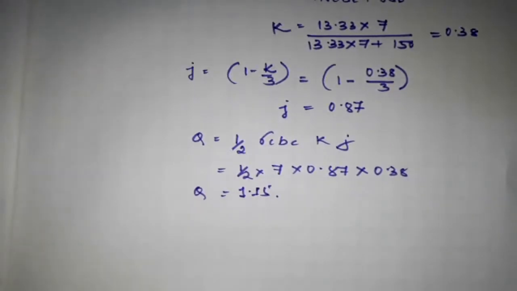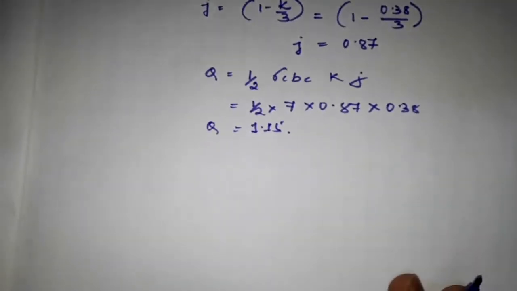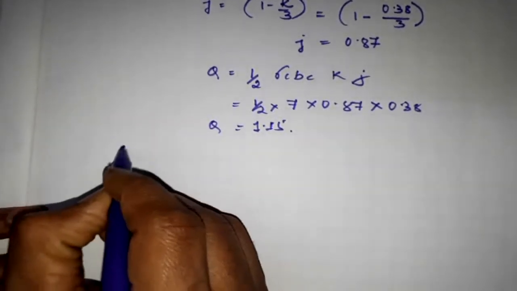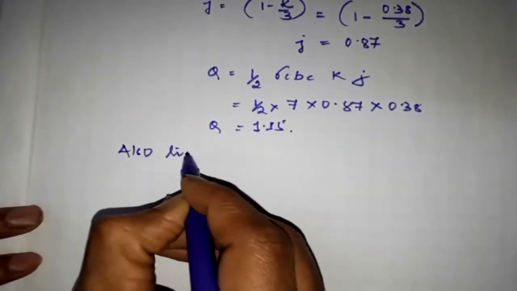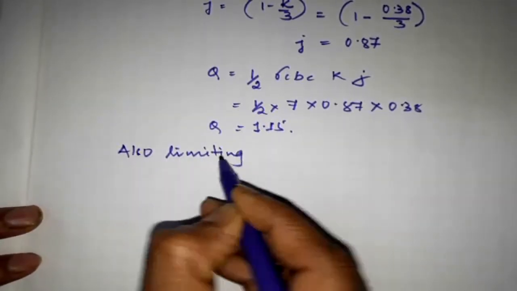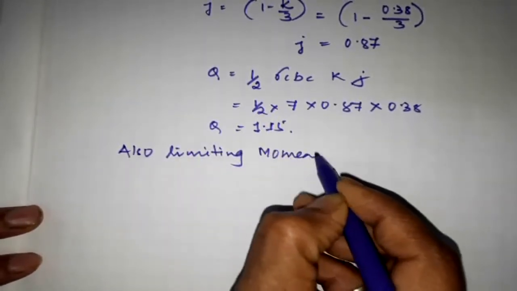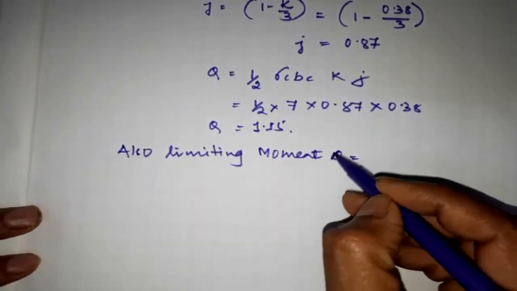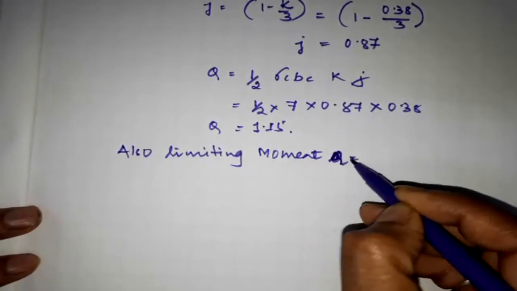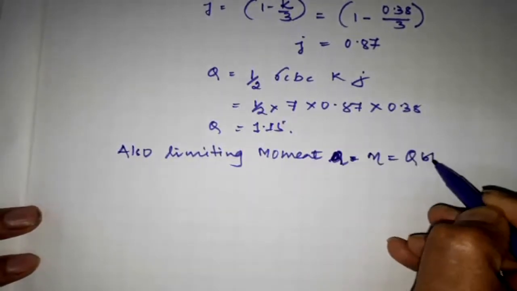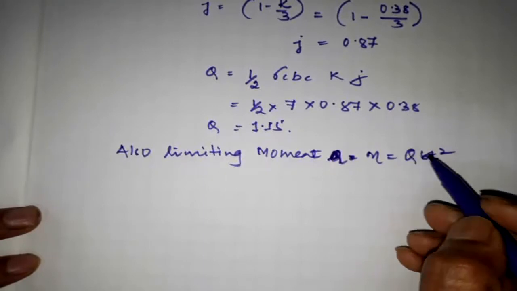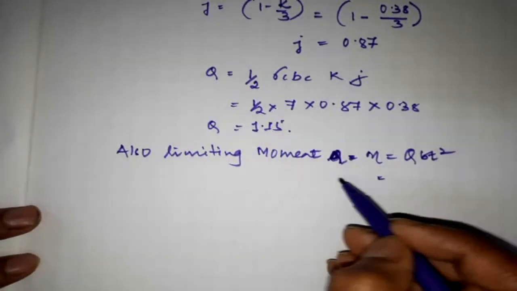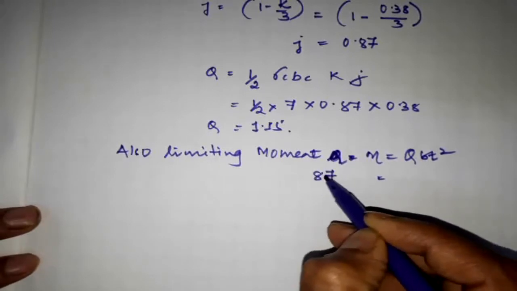Then we have next also limiting moment. M is equal to QBT square. So M you have already calculated, that is 8.78 into 10 to 6.